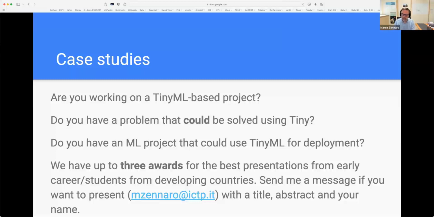You see my address there, mzennaro@ictp.it, with a title, a short abstract, and your name. Okay, so please do that in the next few days so that then we can start on Wednesday with the case study presentations. Case studies are going to be 10 to 15 minutes long. So get straight to the point about what you want to do or what you're working on in the TinyML field.